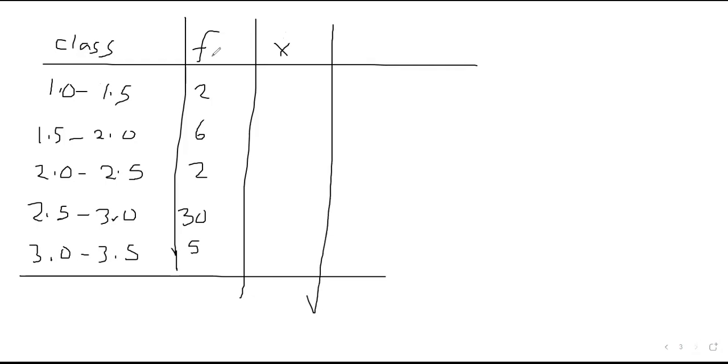We divide by 2, we get 1.25. 1.5 plus 2.0, when you add and divide by 2, you get 1.75. 2.0 plus 2.5, we get 2.25. Then 2.5 plus 3, we get 2.75. Finally, 3.0 plus 3.5, we get 3.25.